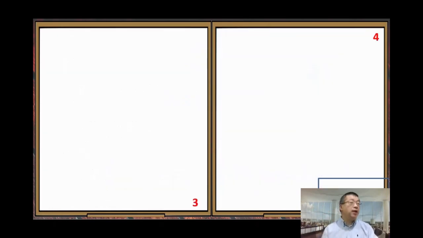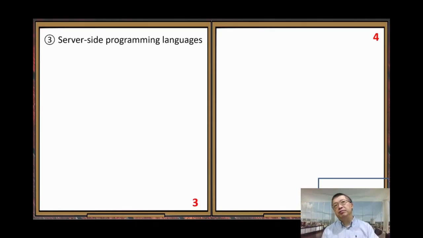Next, our main focus, server-side programming languages. For this class, we use Java. But in this overview, I would like to talk about some main players for server-side programming. The first one, PHP, it's a scripting language. We can call it a server-side programming language.